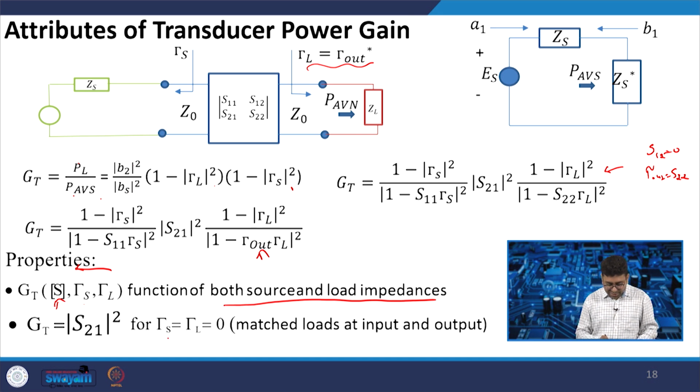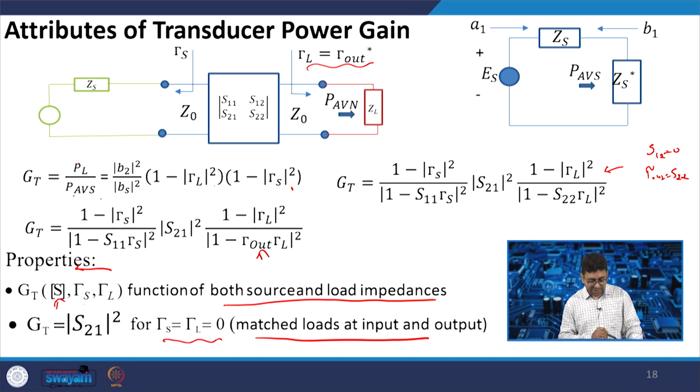If gamma S and gamma L are equal to 0, that means it is matched to S11 and S22, you will have GT equal to |S21|^2.